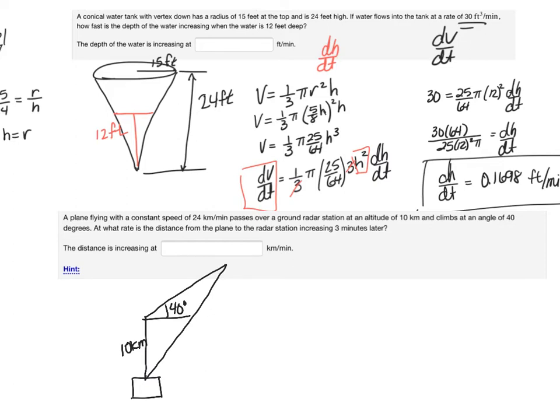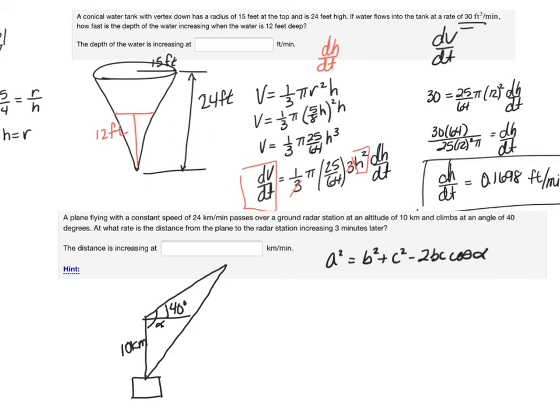So what we're going to use is the law of cosines. And what we have is a squared is equal to b squared plus c squared minus 2bc cosine of alpha. And alpha is going to be here. We're going to use this as alpha because that angle doesn't change.